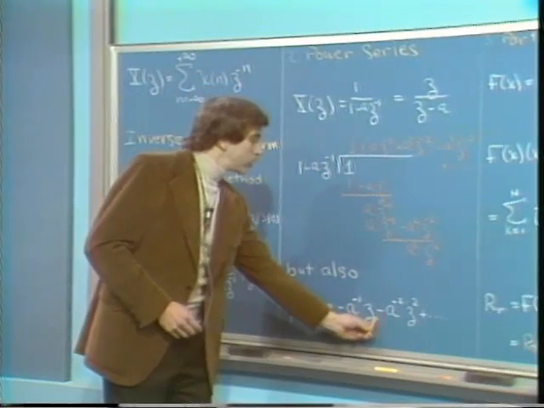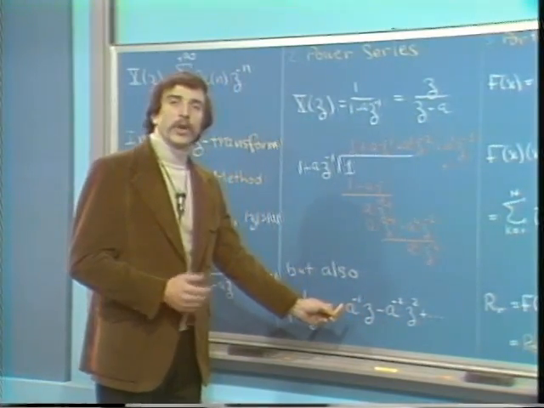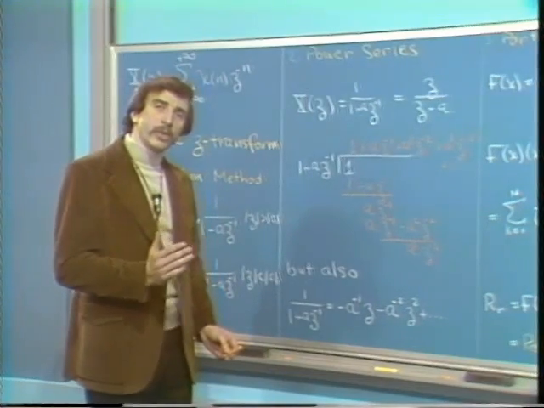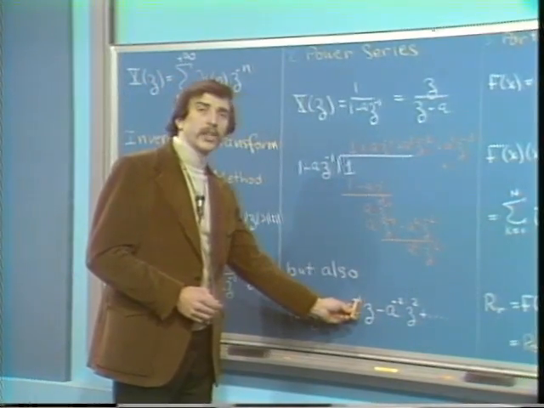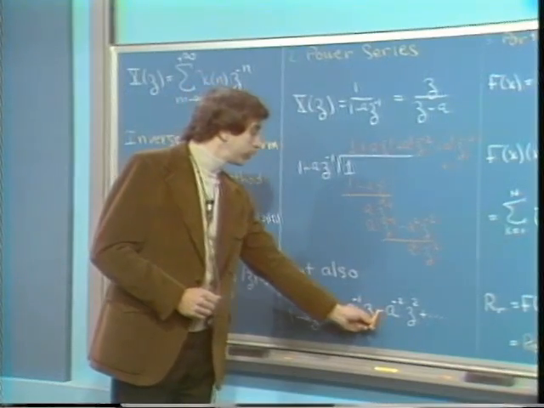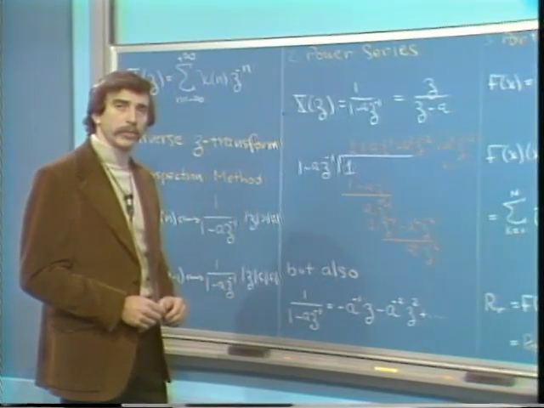It has no terms of the form z to the minus a positive power, so apparently it's all 0 for n greater than 0, and it's minus a to the minus 1 at n equals minus 1, minus a to the minus 2 at n equals minus 2, etc.